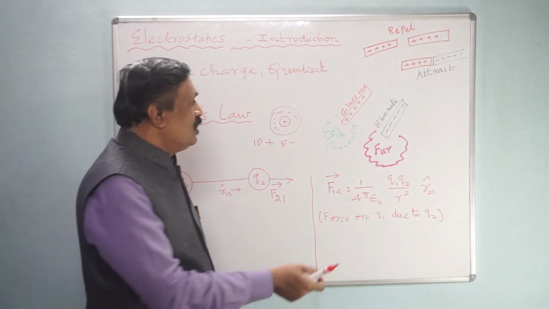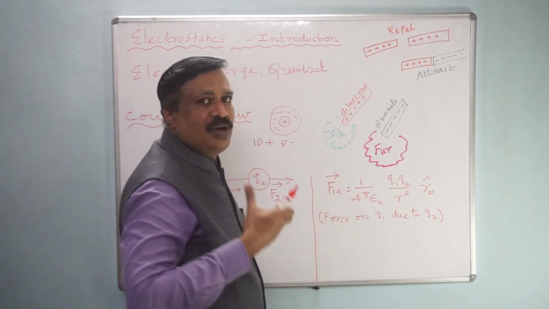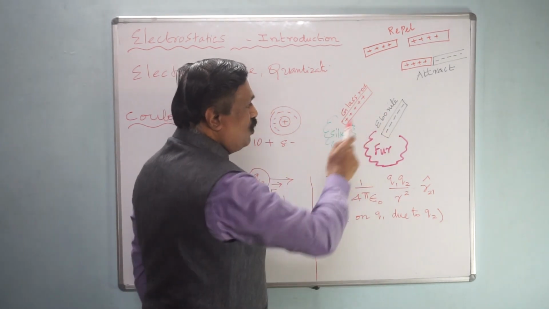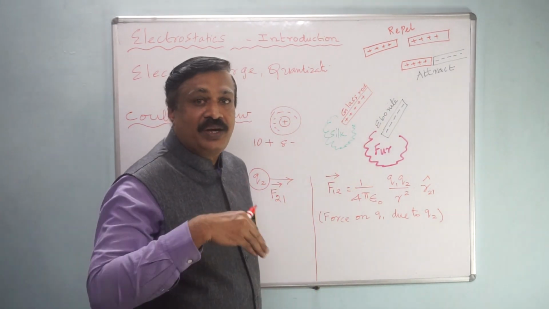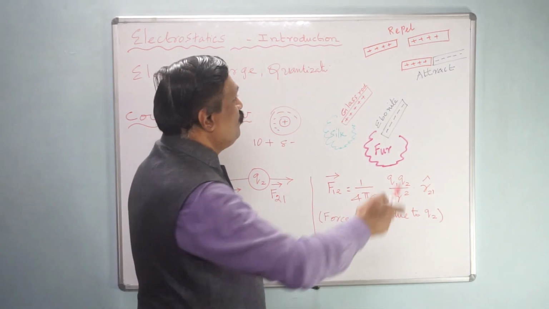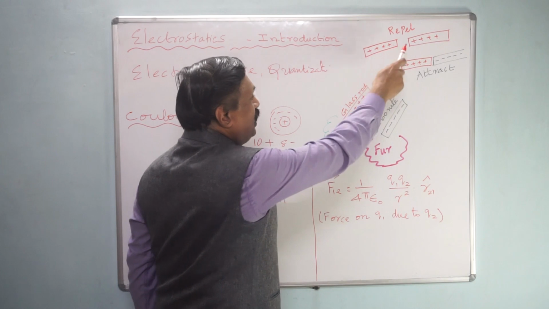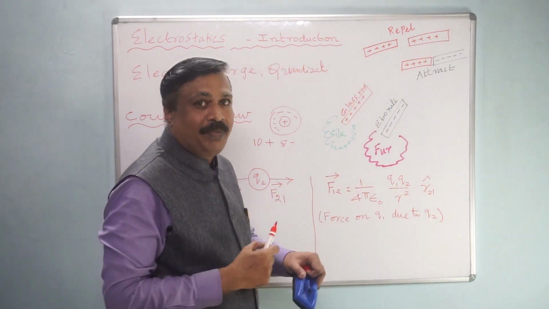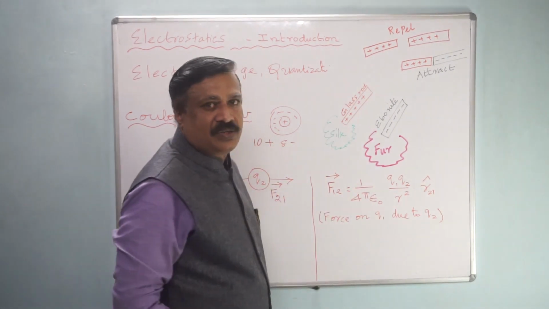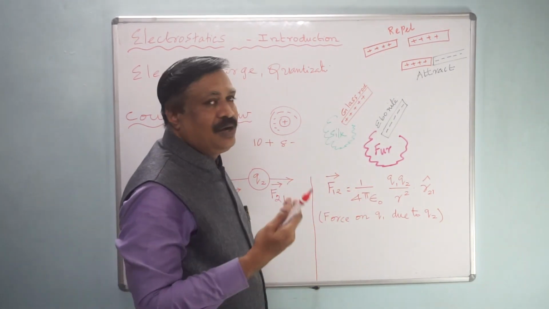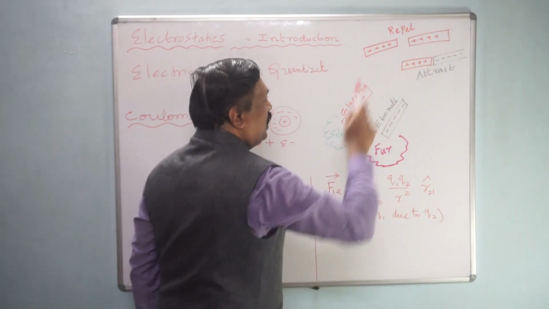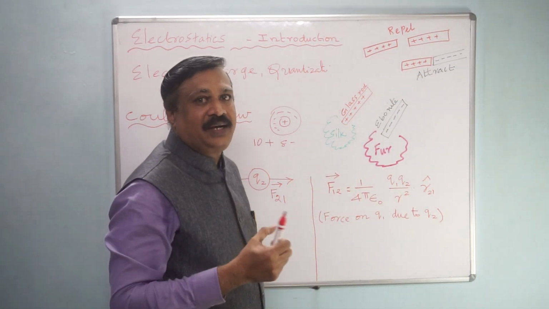Now this glass is converted into a positive rod and this ebonite is converted into a negative rod from its neutral state. Now if you bring two rubbed glass rods close, both are positively charged. Therefore, they repel each other. And if you bring one positive and one negative, then they attract each other.